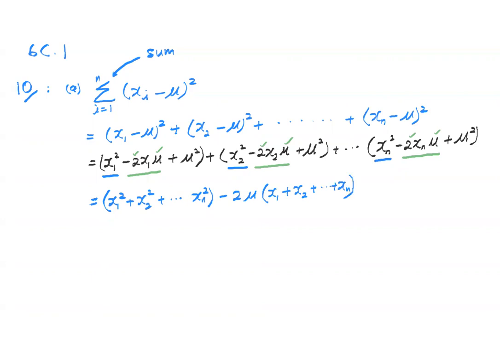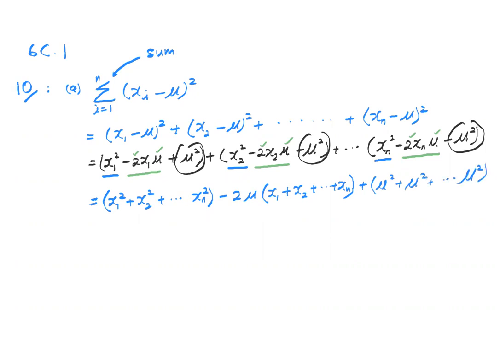Close. Everyone, so far so good? So the last one, how should I write? One of these plus another of these plus dot, dot, dot, another of these. All these are the same, correct? So I will write plus mu squared plus mu squared plus dot, dot, dot, mu squared.